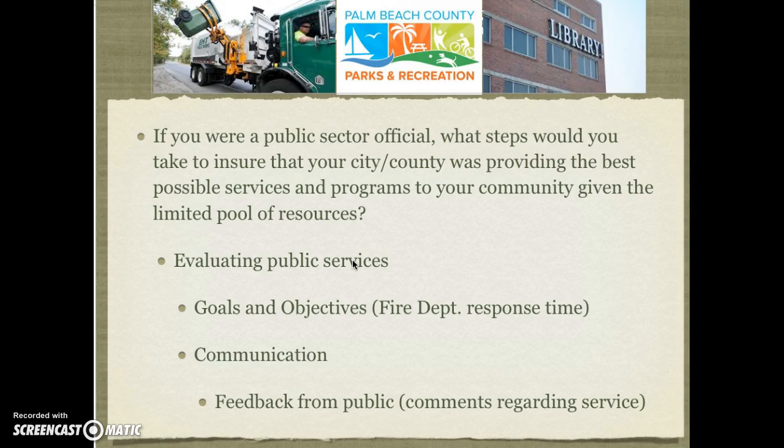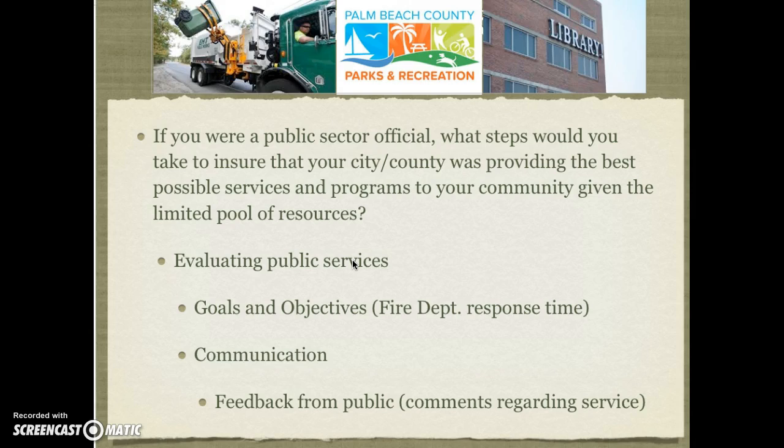So you can go back and evaluate the goals and objectives of the different departments, for example. So a fire department, for example, maybe one of their goals is to provide medical services. And an objective under that, providing medical services, is to respond to medical emergencies within the community within 5 minutes.